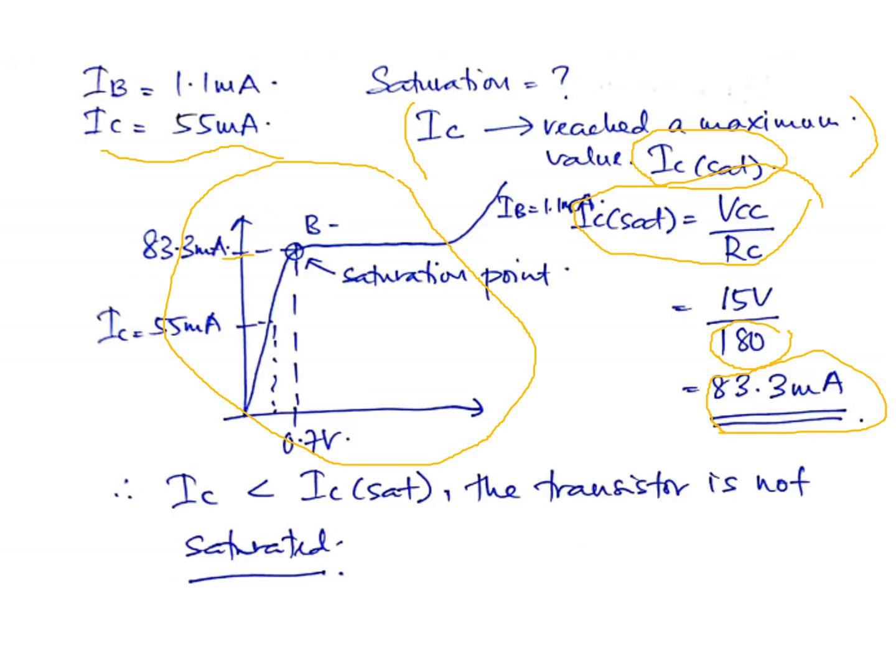This is the location of IC saturation, or the maximum value of IC. Our IC value is 55 milliampere, which is less than IC saturation. Therefore the transistor is not saturated, because the value of IC is less than IC saturation.